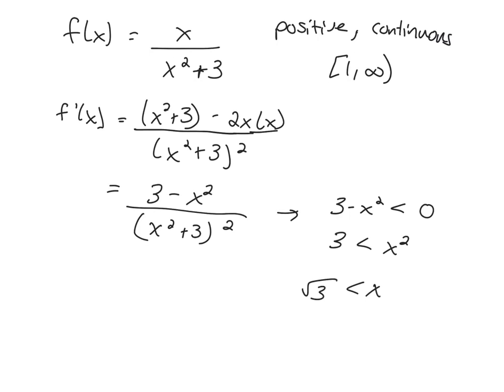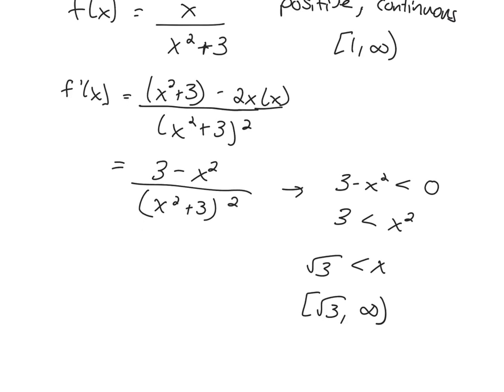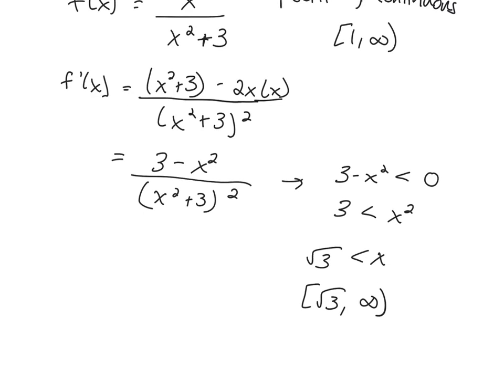So this tells me I'm decreasing on this interval square root of 3 to infinity. It's okay that it's not 1. We just need it to be decreasing forever after a certain point, okay? So this establishes that I'm decreasing on this interval here, okay?